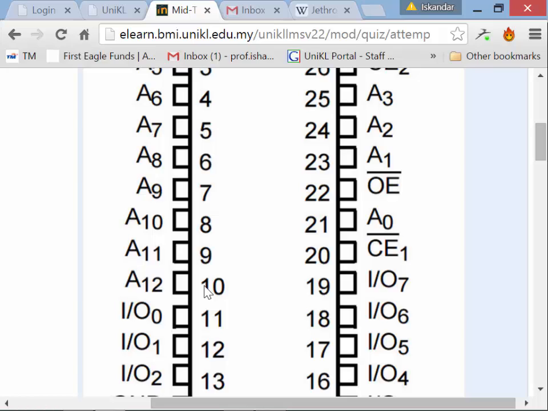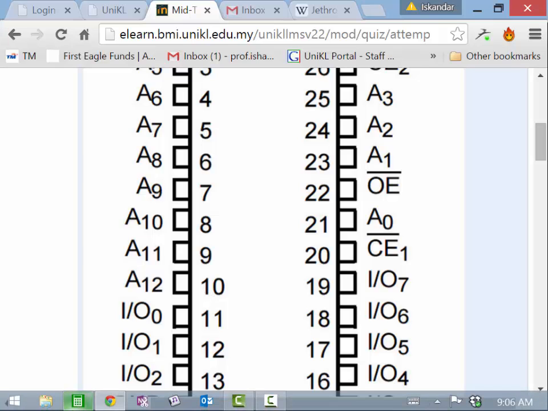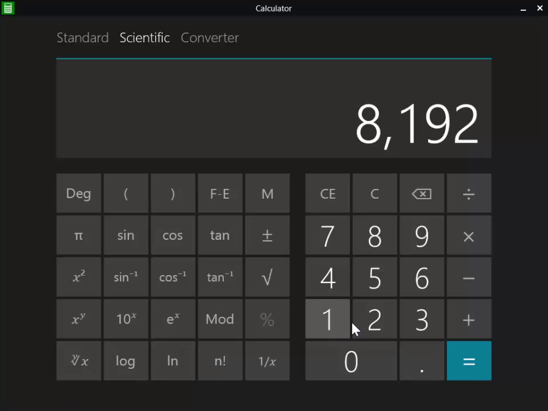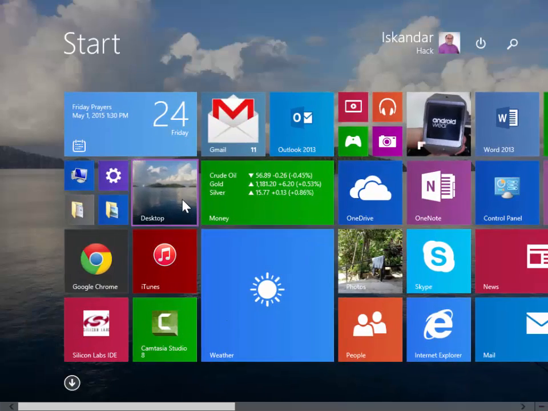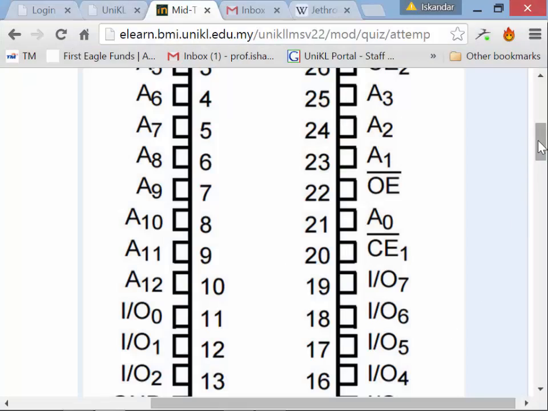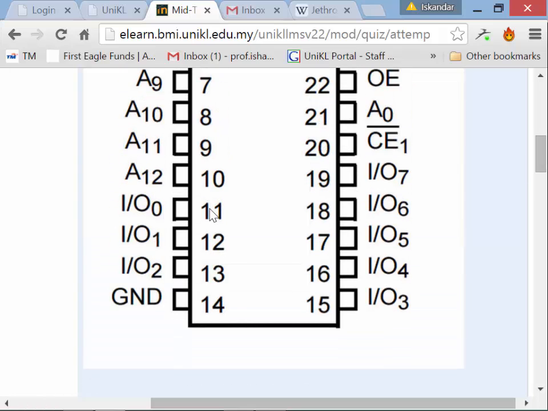So 2 to the 13 is 8192, or 8K. You're allowed to use a calculator, just 2 raised to the 13. There's my 8K. And by 8, the reason I get the 8 is that I've got IO0 through IO7.